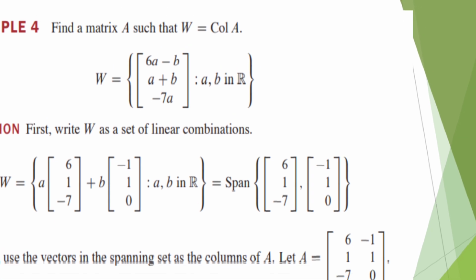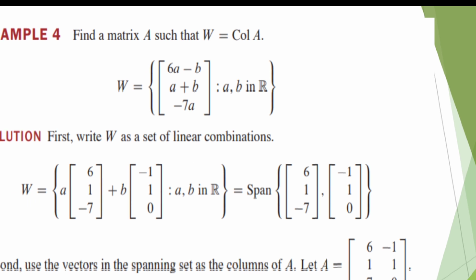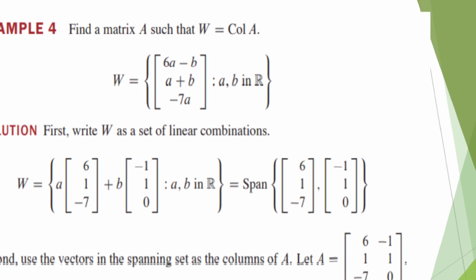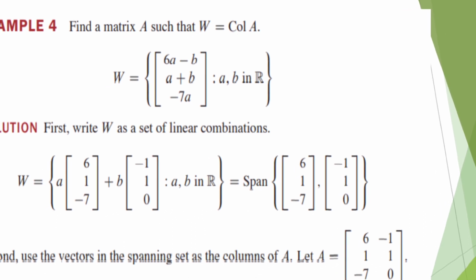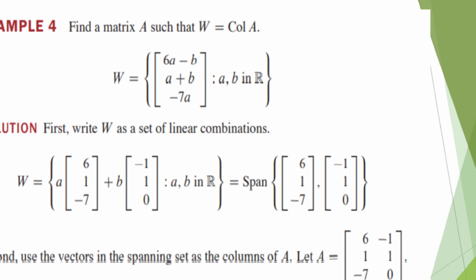W is given as: 6a minus b, a plus b, minus 7a. There are two variables, a and b. We write the coefficients: a times (6, 1, minus 7) plus b times (minus 1, 1, 0). So a and b are the weights of a linear combination of these two vectors.